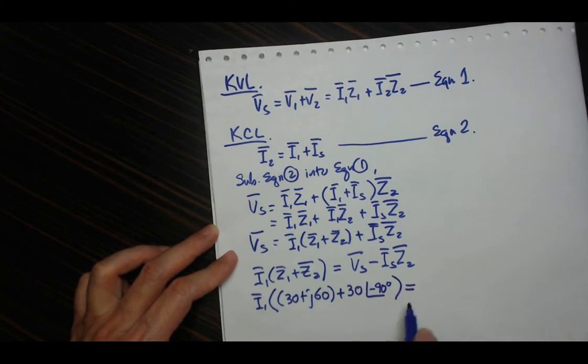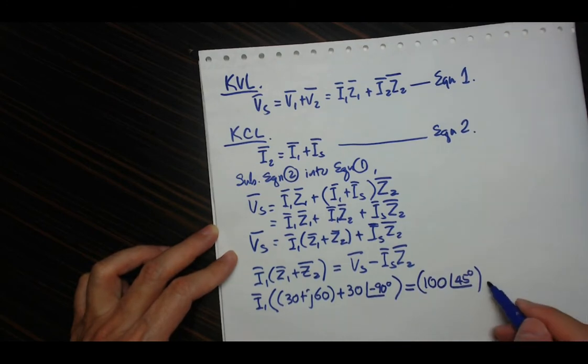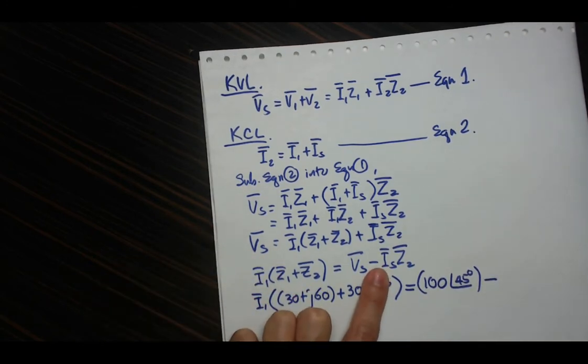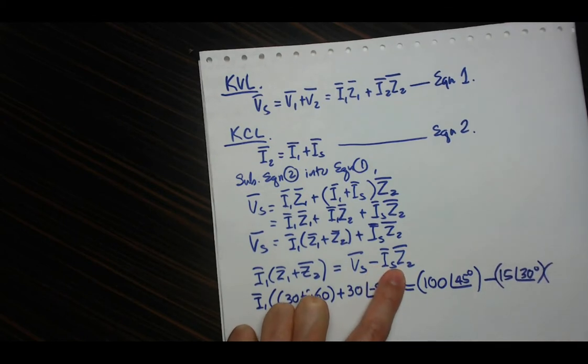This equals Vs, which is given as 100 volt angle 45 degrees, minus Is, which is given as 15 angle 30 degrees, multiplied by Z2, which is given as 30 angle minus 90 degrees.